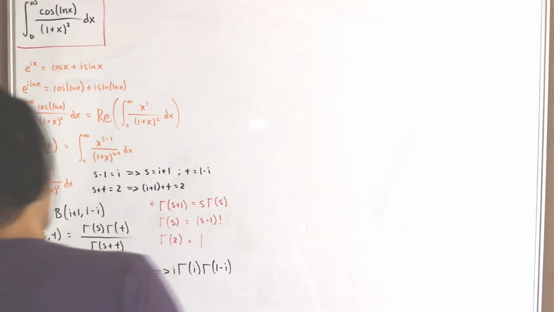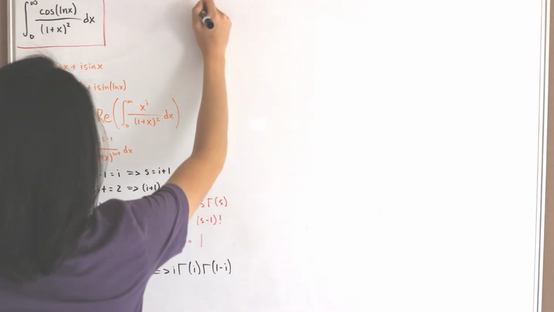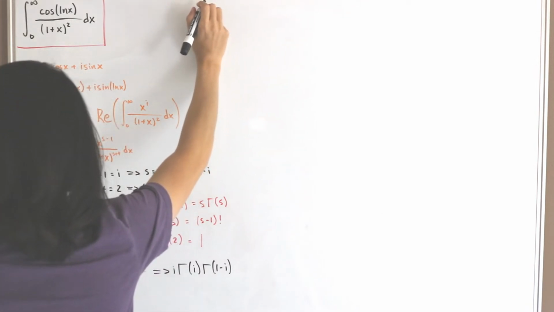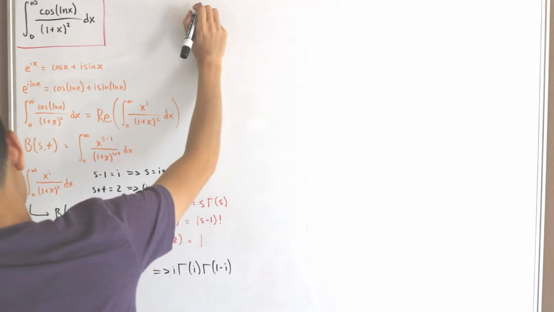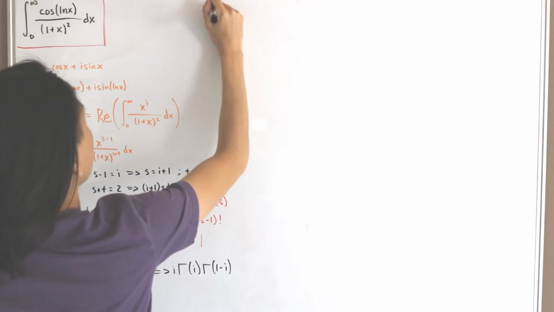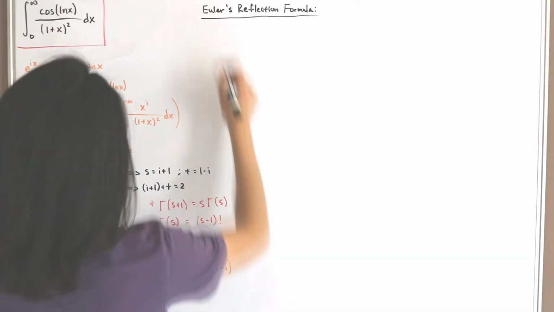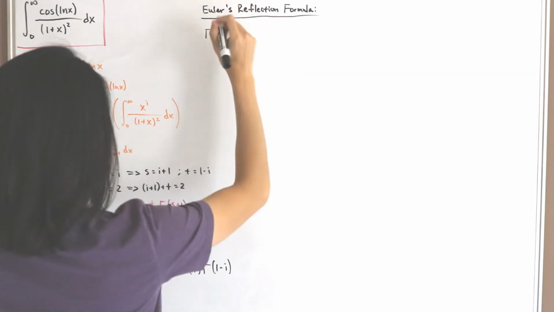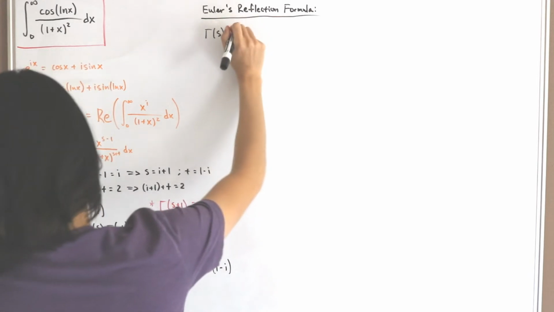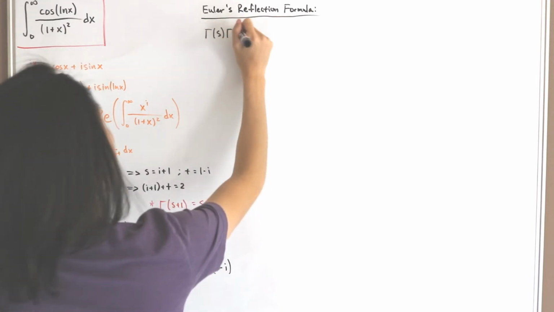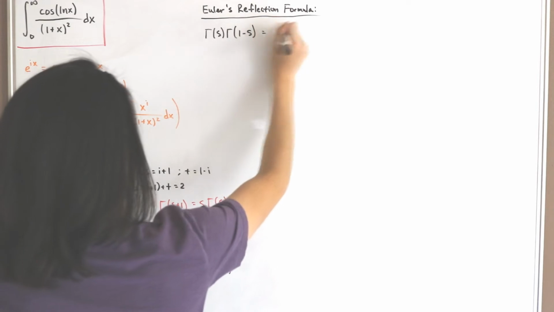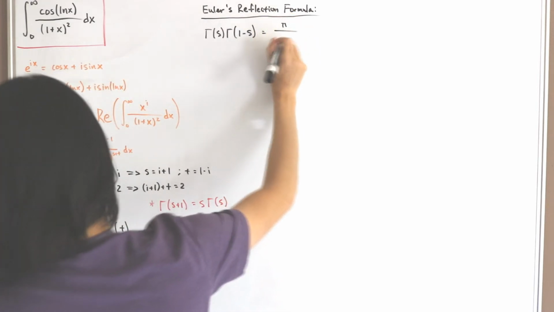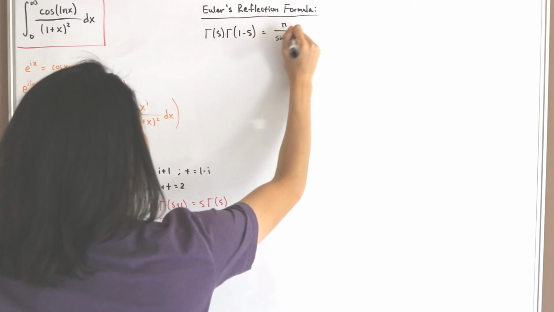And now here's another thing that we're going to be doing. Another formula and theorem that you've definitely seen before. I did cover this in one video a long time ago, and it is Euler's reflection formula. This formula is defined as follows. Gamma of s, for some variable s, multiplied with gamma of 1 minus s is equal to pi divided by sine of pi times s.